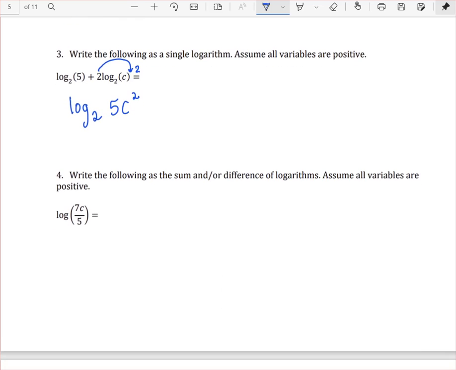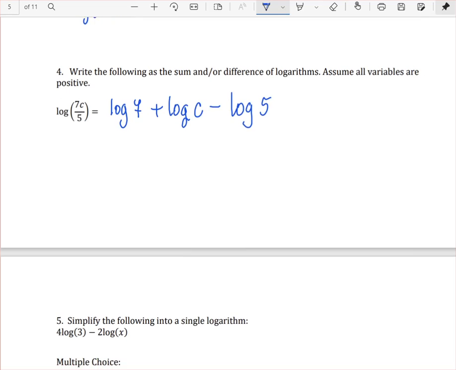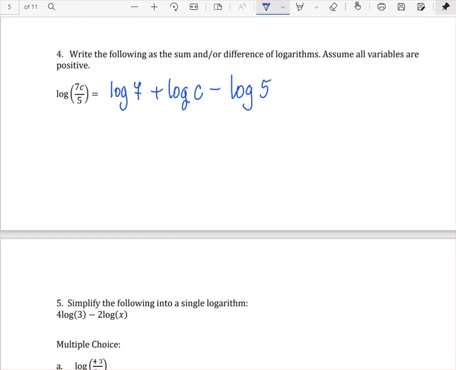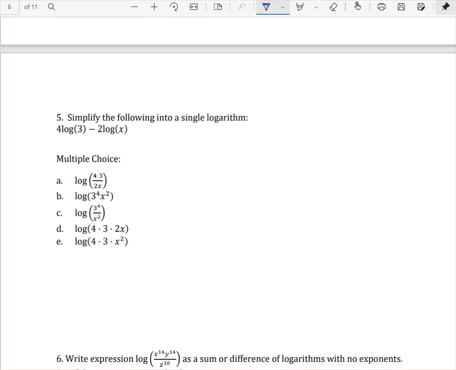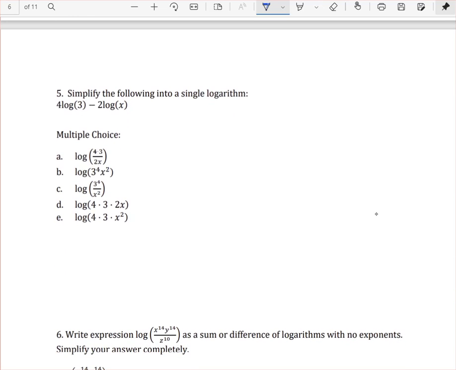Write the following, separate them. So this would be, you see the logs, any number on top is positive, so log 7 plus log c, and then minus log 5. Like that. Anything on top, I write positive. Anything on the bottom, I write with a minus. So in this one, the 4 goes up as a power, and so does the 2.